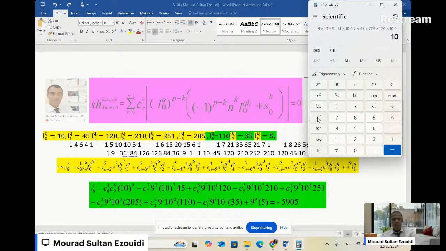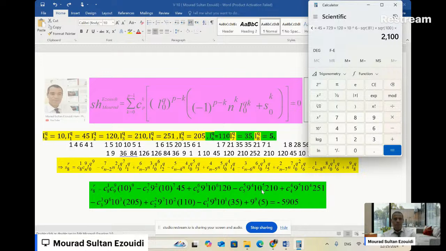Okay, then minus 9, 81 squared. It's 81 squared. Minus, I'll make 100 squared. I'll explain why. Multiply by 200, 2000, and 100. Multiply by 2100.